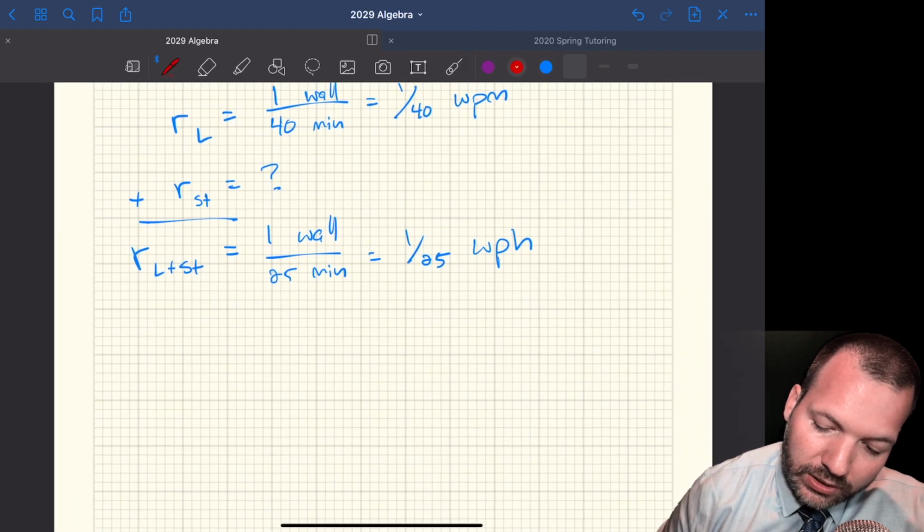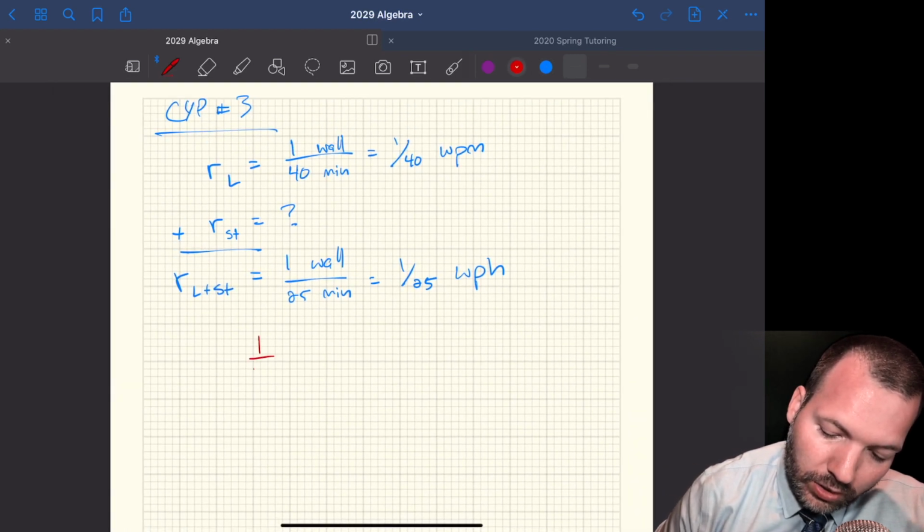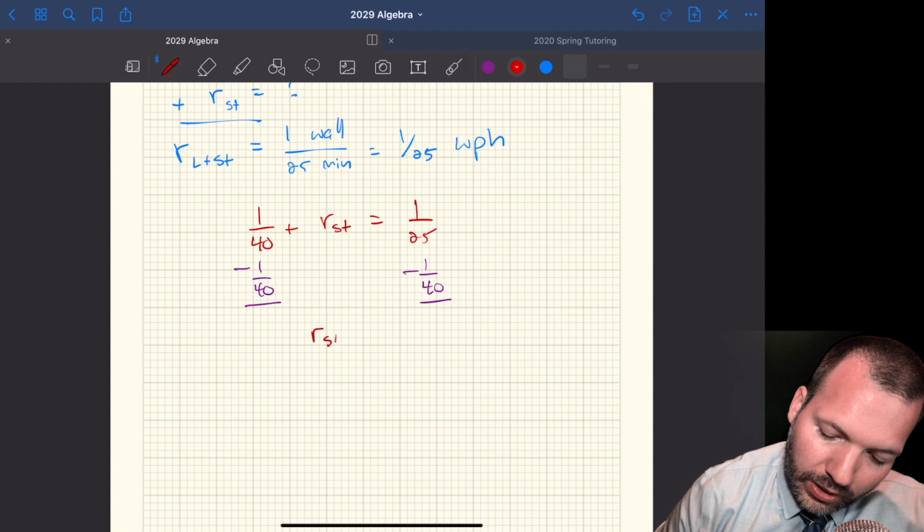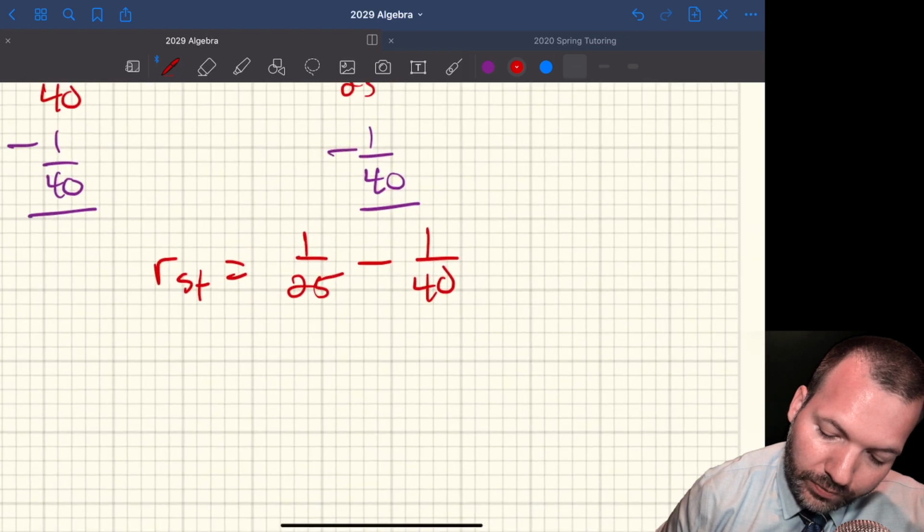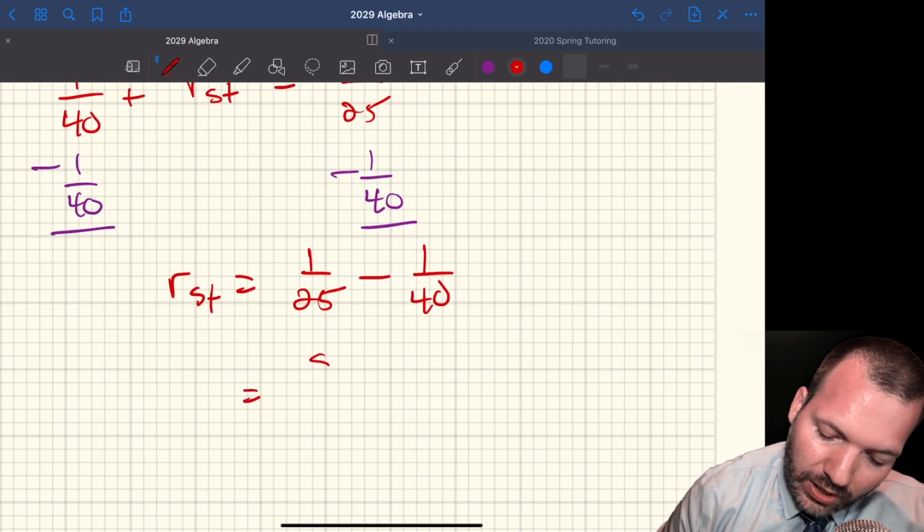Well, again, if we set this up as an algebraic equation, 1/40th plus Steve's rate should be equal to 1/25. Subtract your 1/40th, subtract your 1/40th, and you get that Steve's rate is going to be 1/25 minus 1/40.